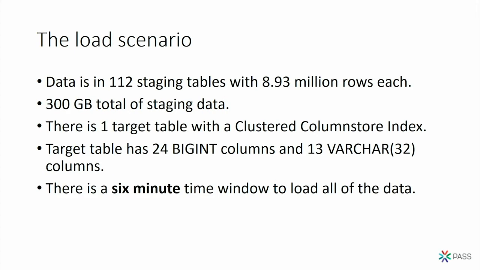I've got a little over 1 billion rows in 112 different tables, 300 gigabytes of staging data in total, and I've got one target table for all of that data. It's got a clustered columnstore, but I've got only 6 minutes to load that data. They say that your nightly ETL times get shorter and shorter, right? So 6 minutes, that's the goal.